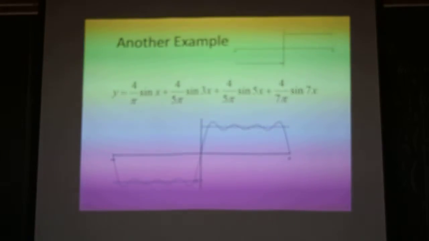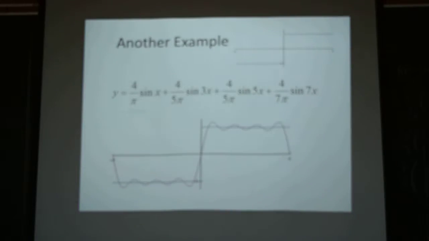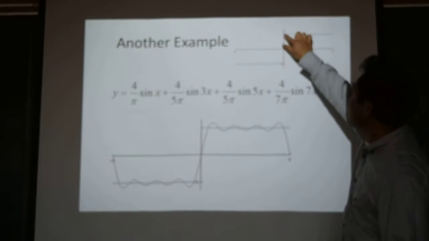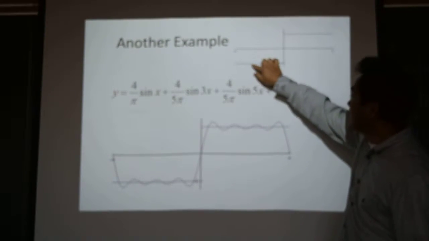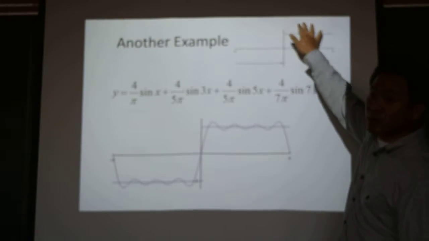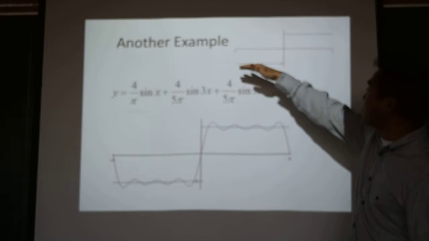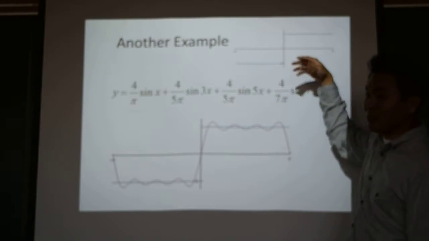Okay. Here's another example. I have a function which jumps from -1 to 1. So it's 1 on the right side and -1 on the left side. It's a constant function, and then suddenly jumps. Okay?